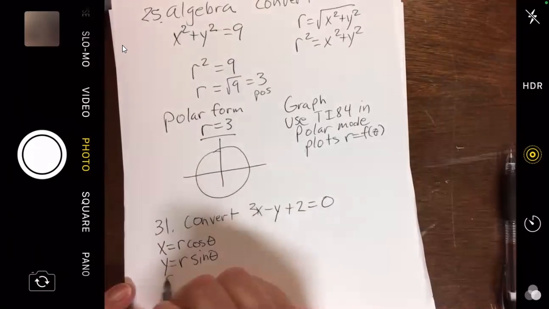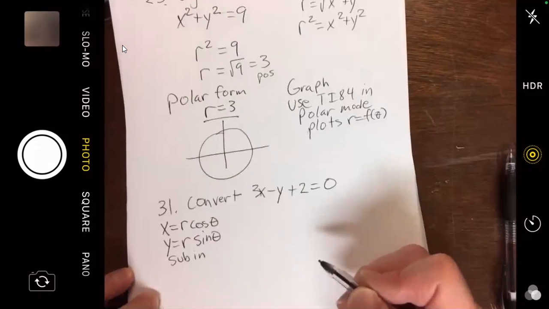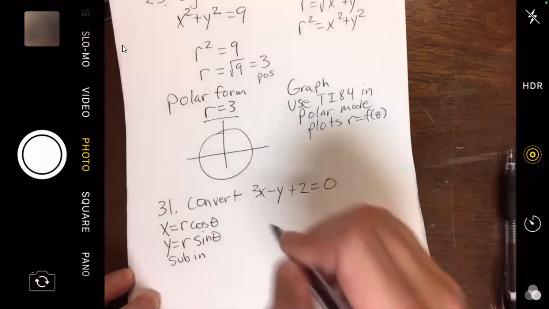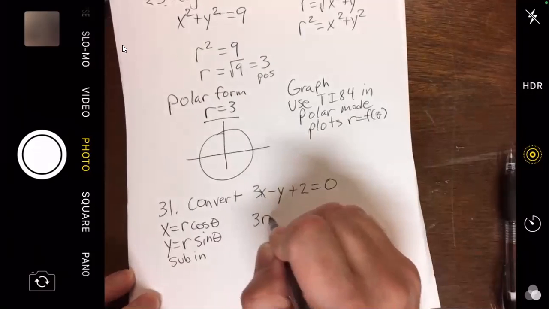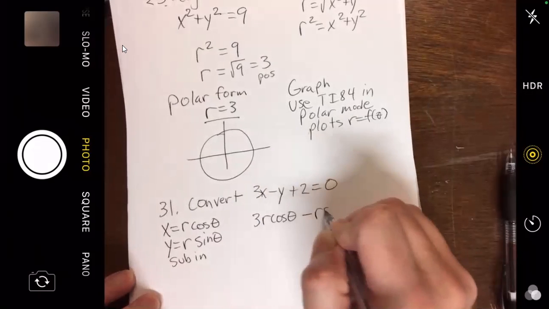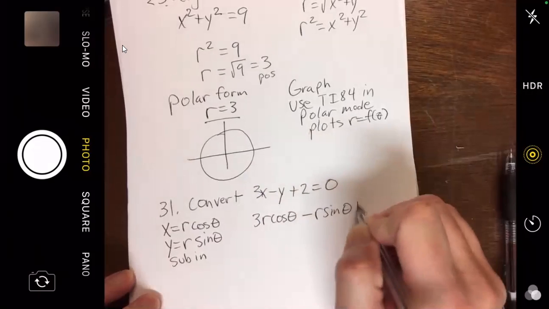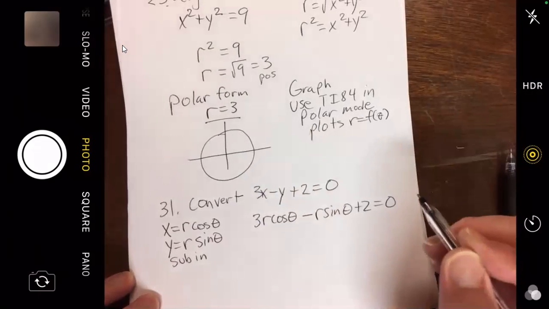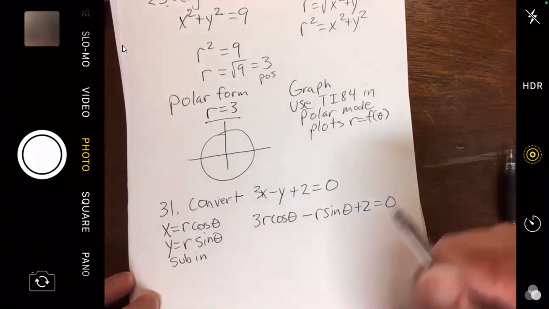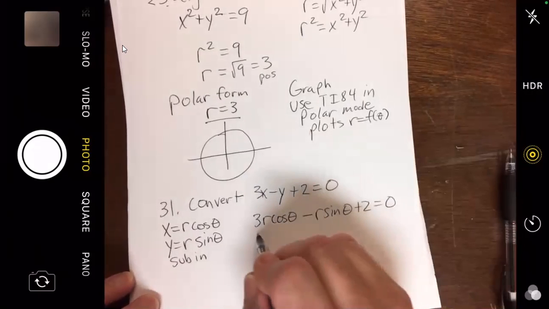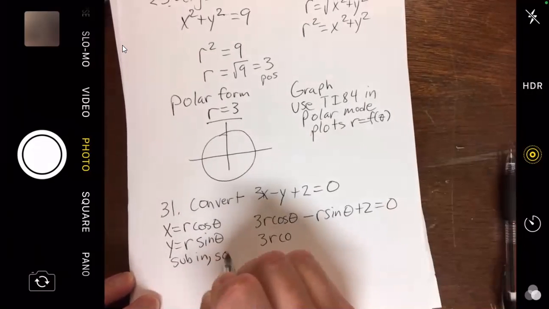I'm going to sub in: 3 r cosine theta minus r sine theta equals 0. All right, I'm going to solve for r. Sub in, solve for r.